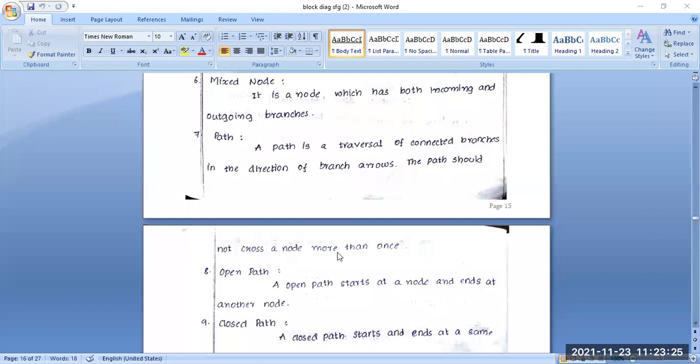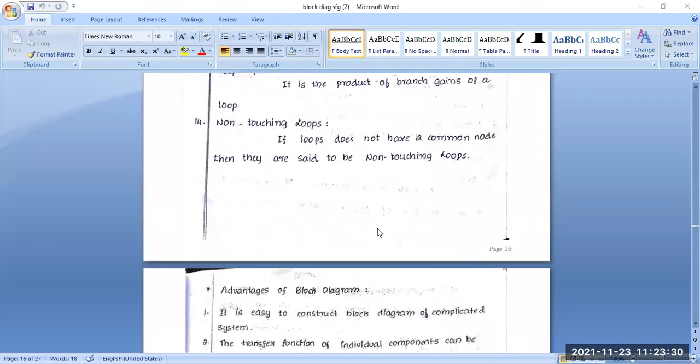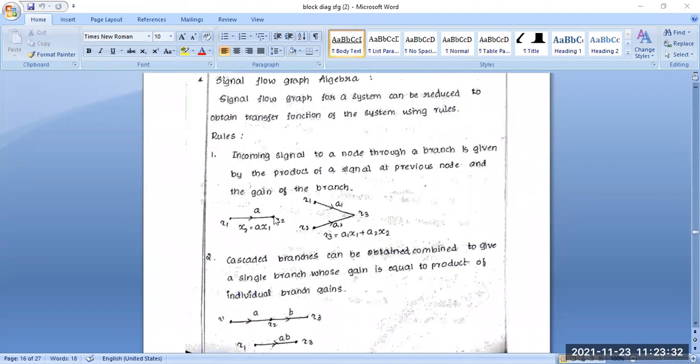This is one condition we have to apply. In this simple diagram, this is the first node x1 and this is x2. The node x1 is the input node and x2 is the output node, so these go from input to output.